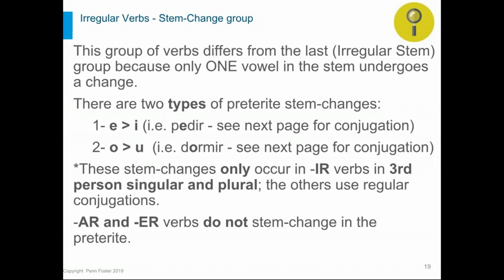And to take it a little bit further, in comparison to something like present indicative, stem changes in the preterite only occur in IR verbs, specifically and only in third person singular or plural, meaning the other persons use regular conjugations and regular accents. However, AR and ER verbs do not stem change in the preterite. So no AR, ER verbs can be considered stem changing verbs within the preterite tense.